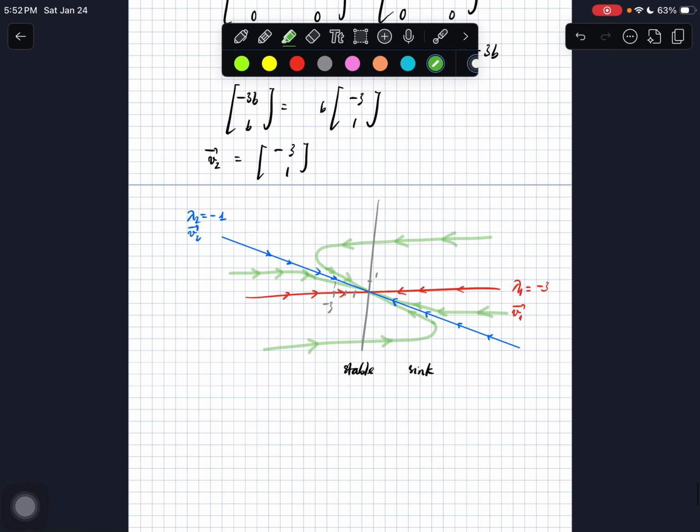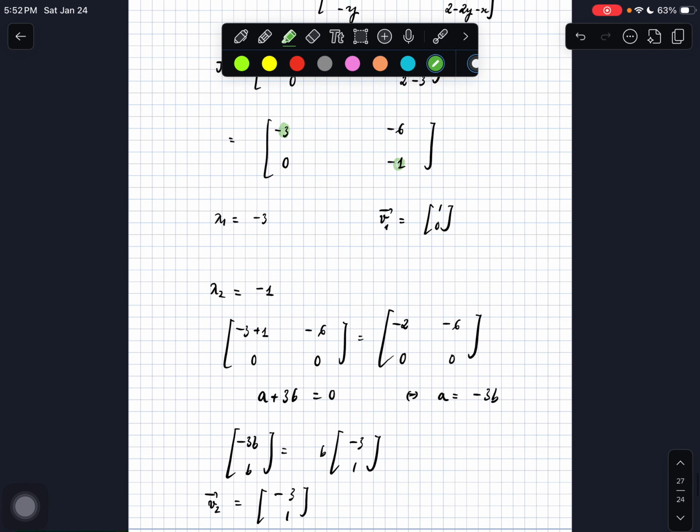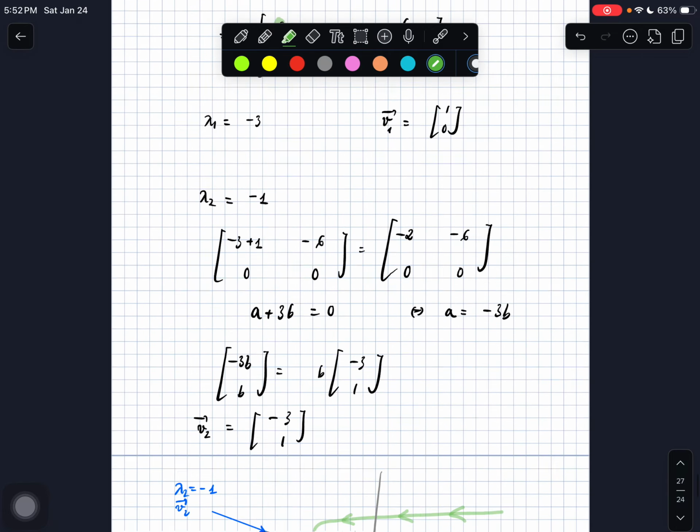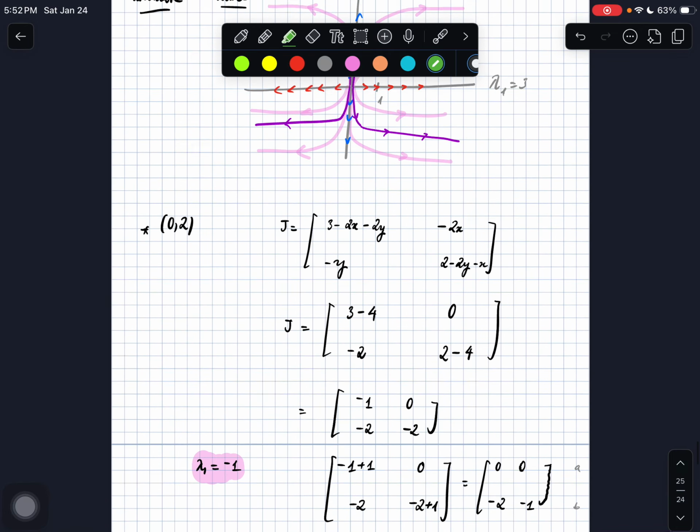So this is what happened near 0, 3. And the last critical point is 1, 1.